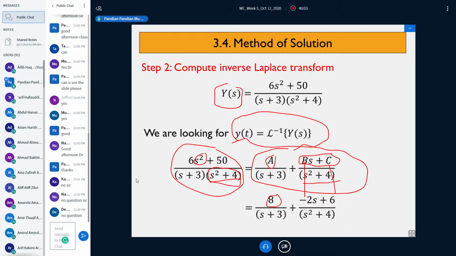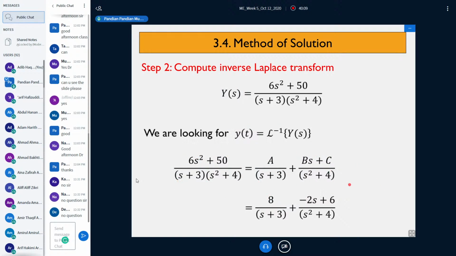So you will have 3 equations. You solve. This one you got to solve. This part, you got to solve this equation by partial fraction. You will obtain 3 equations. Equation number 1, 6 equals, I write down, you solve now. I give you a time. A plus B. This one, we call it equation number 1.